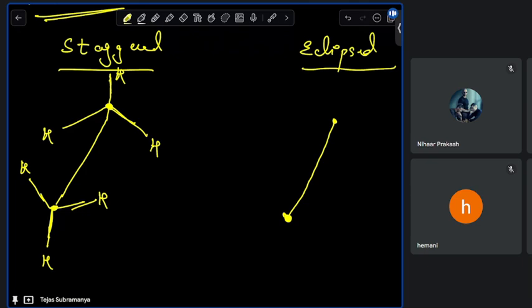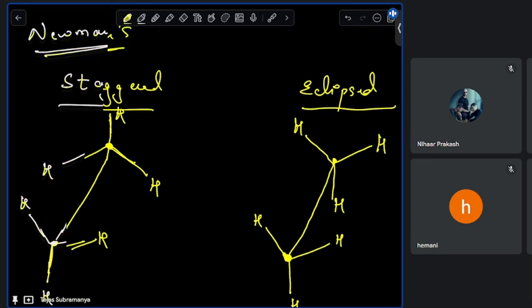So behind, always start off by drawing the Mercedes-Benz symbol, and copy the same in front. Eclipsed means it should be the same; staggered means it has to be different. So staggered or eclipsed, you'll always stick to one symbol, the Mercedes-Benz symbol. In staggered, the behind carbon has the regular Mercedes-Benz and the front is inverted. In eclipsed, both are the same. With H, H, and H, these are called conformations. So this is how they look.